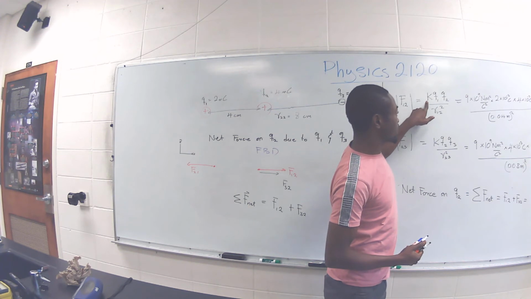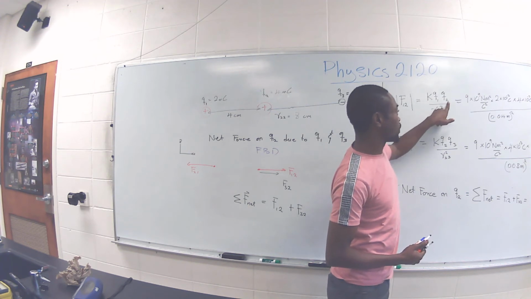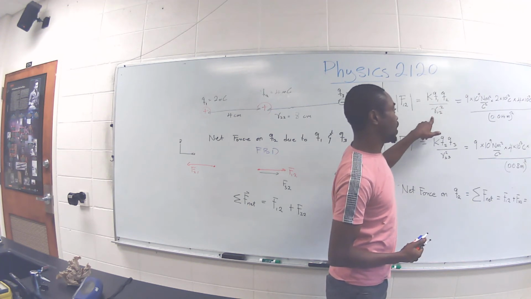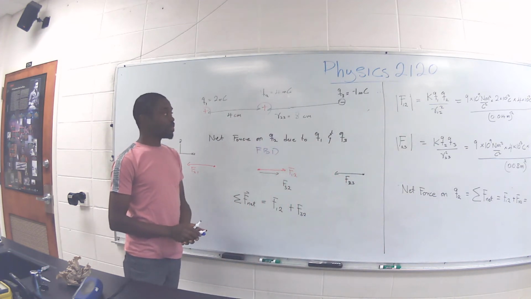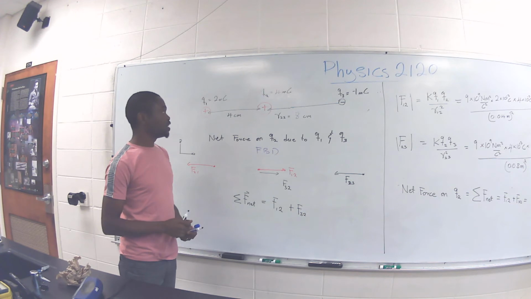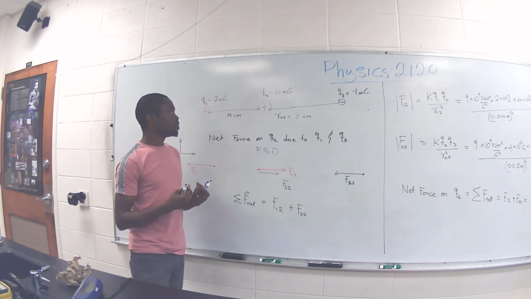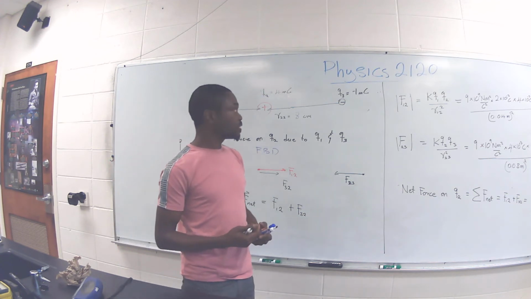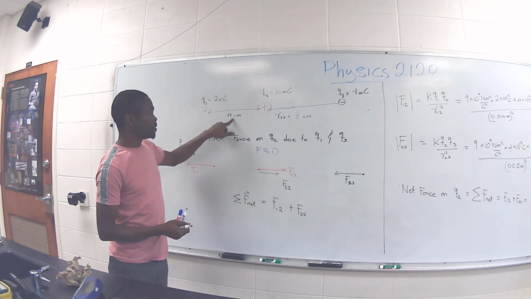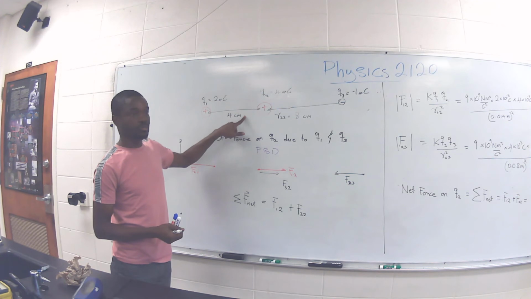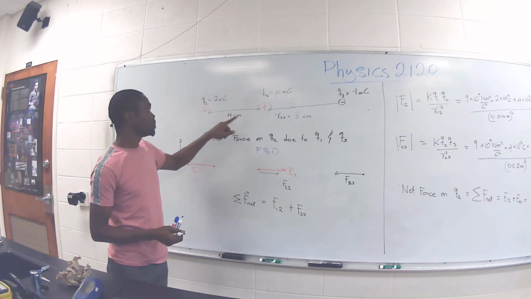K is a constant, we have Q1, we have Q2, and we have the distance between the charges. Remember, always change your units to the standard SI unit. The distance is in meters, but here we have it in centimeters, so we will change that into meters.